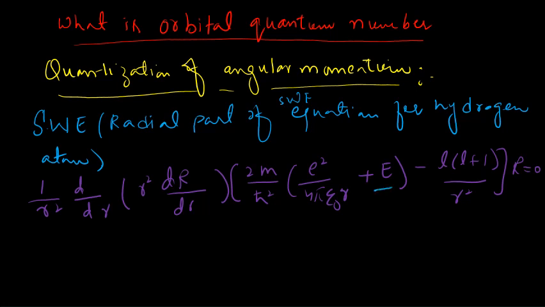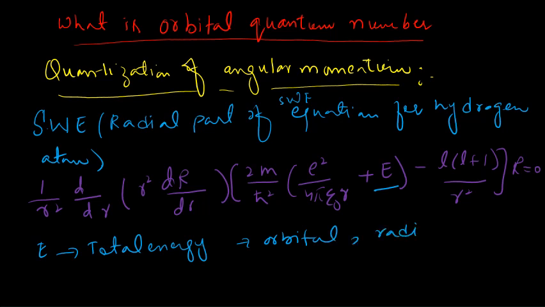So here E represents the total energy, which includes the kinetic energy of orbital motion, and also the radial motion. There are two kinetic energies, both due to the orbital motion of the electron and due to the radial motion of the electron around the nucleus.